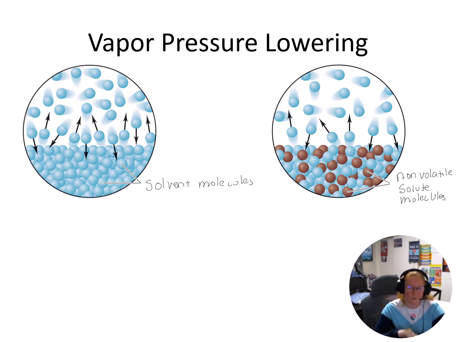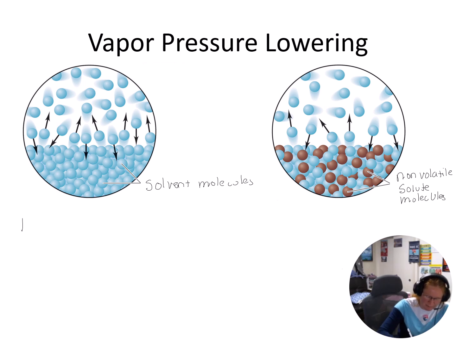Now if I mix water and ethanol, ethanol is volatile, and that has a slightly different consideration because then I have two things competing for the vapor phase. But when I'm looking at a solvent with a non-volatile solute, that non-volatile solute doesn't enter the vapor phase.